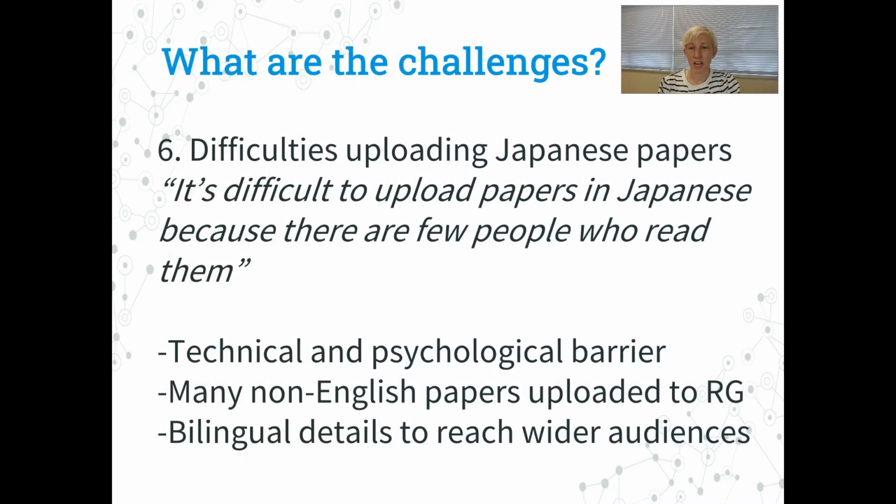So our next challenge is about uploading papers in Japanese. I think there are two difficulties here. One is the technical. You can upload papers in any language. The computer doesn't know what language a PDF is in. You can add the title and the abstract in any language.